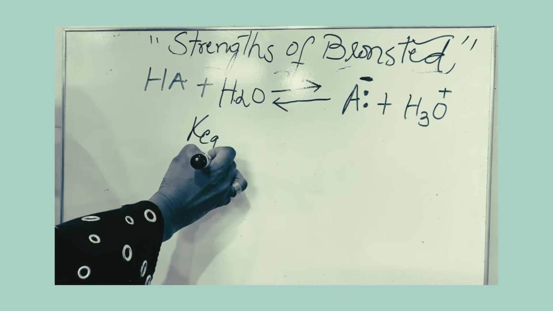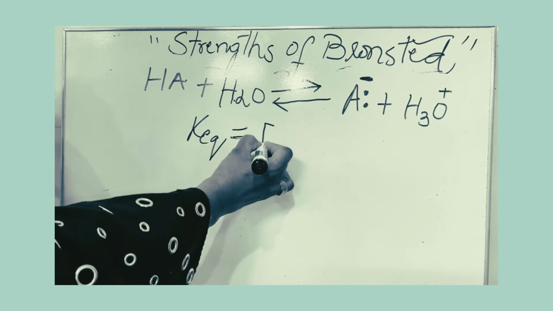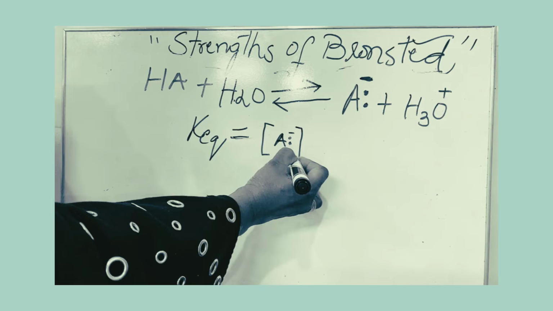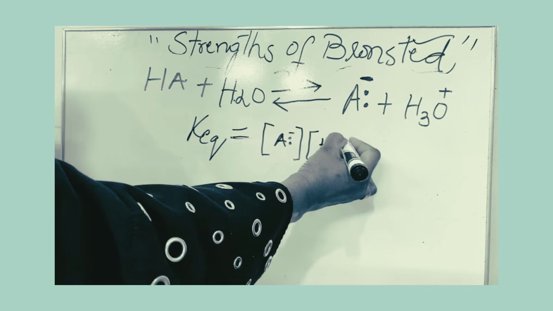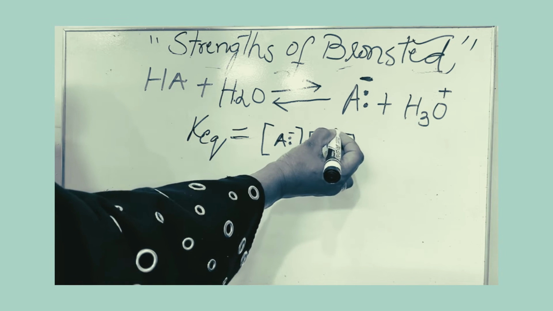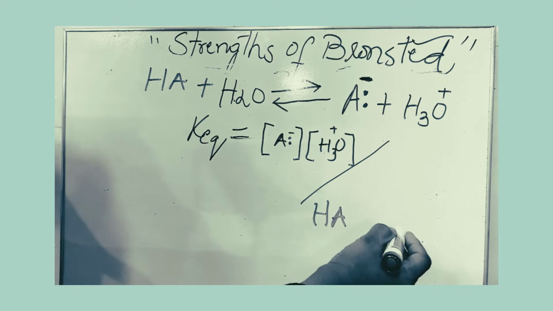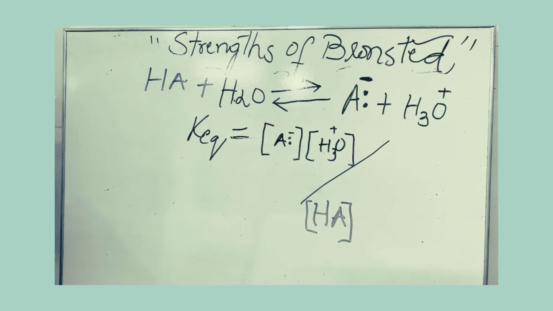K equilibrium equals H3O plus and A negative upon, of course, this side is acid HA in a bracket and water.